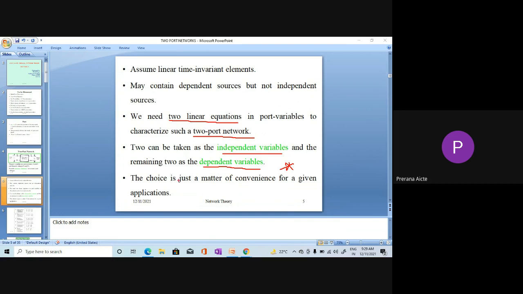The choice is just a matter of convenience for a given circuit. How you take the independent and dependent variables is a choice of convenience. But the procedure you adopt to examine the circuit is very, very important. Right. Look forward.